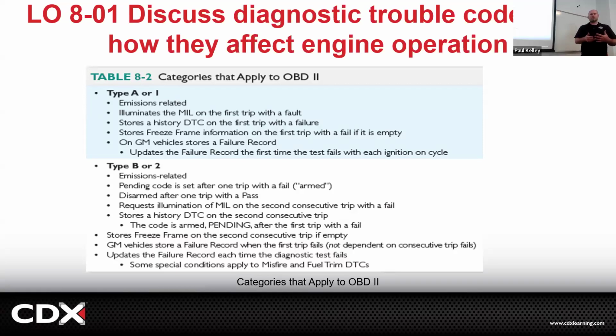The check engine light was on for a misfire, but I wasn't able to duplicate it. And they're like, well, yeah, you need to. I say, well, when it said it was at 117 miles an hour and your engine was overheating, you really want me to duplicate that? And they're like, how'd you know? And I'm like, it's stored in the freeze frame.